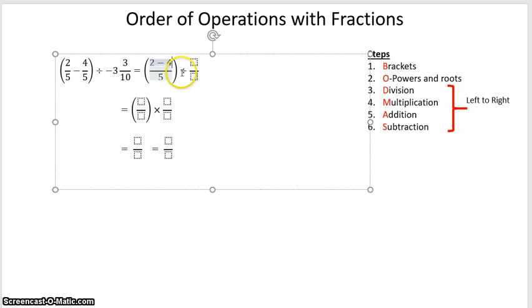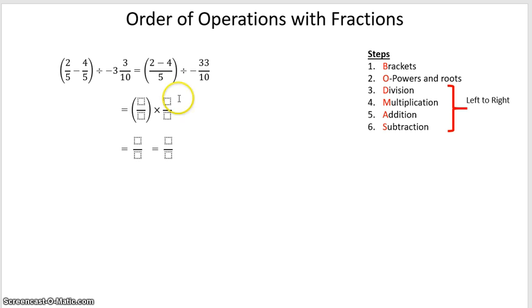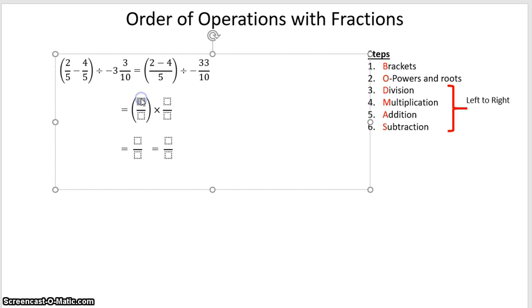The divide I'm going to keep, and then this mixed number, which is negative 3 whole and 3 over 10, I'm going to change to improper. I'm going to write the negative first in case I forget, and then take 3 times 10, 30, plus another 3, so that will be 33. The denominator is the same. Next step, I'm going to simplify this fraction. 2 minus 4 is going to be negative 2.